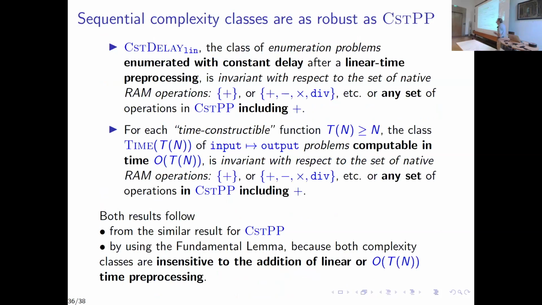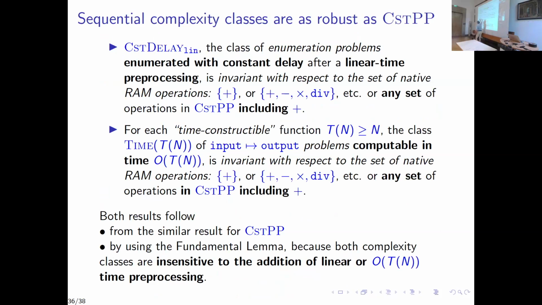It was the main motivation, in fact. The complexity classes are independent of the number of operations. If you have addition, you can add all the operations I mentioned. And it's also true for at least linear time.